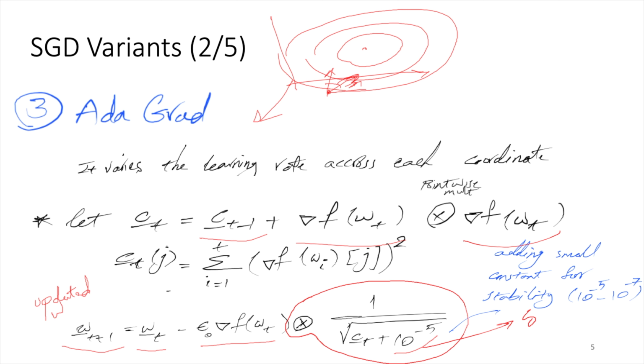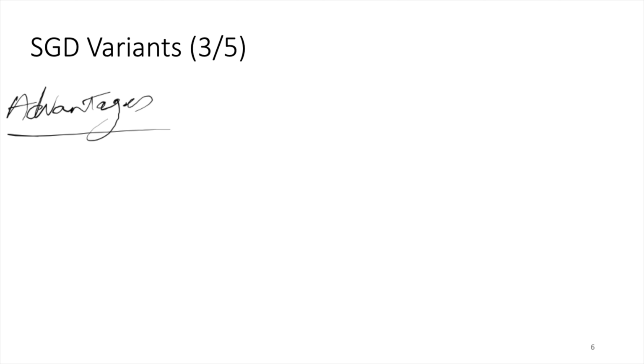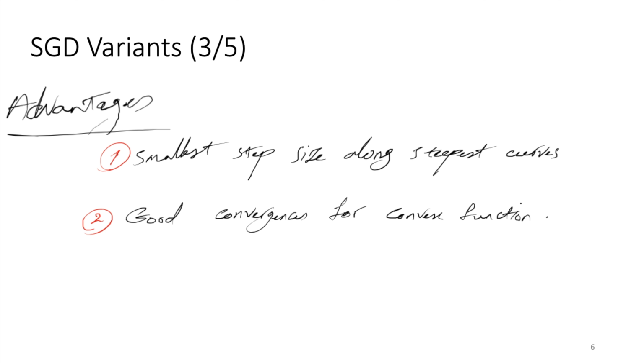So now let's see the advantages and caveats of AdaGrad here. Obviously, if you're varying your learning rate towards different coordinates, you're going to have the smallest step size along the steepest curves, because it varies depending on the gradient, right?